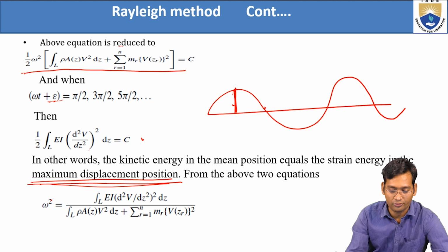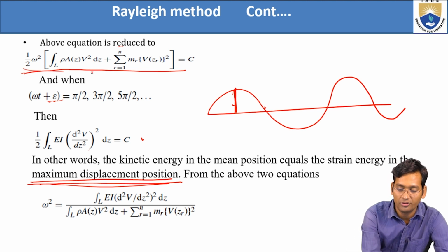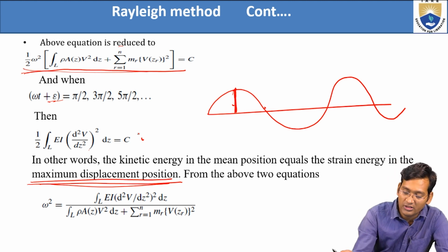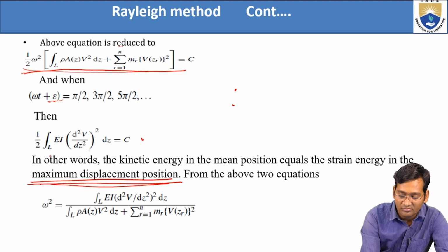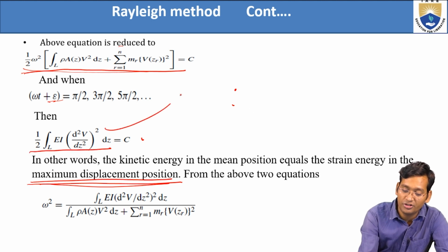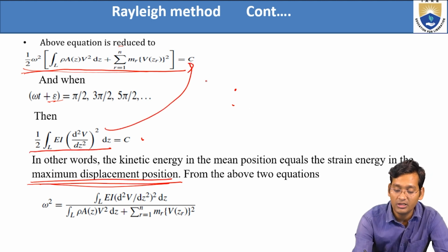We have to find the omega square. So from which equation can you find omega square here? Because now we have the c, right? This is equal to c. So put this one here. So what will we get? Half omega square, this term equals this term.